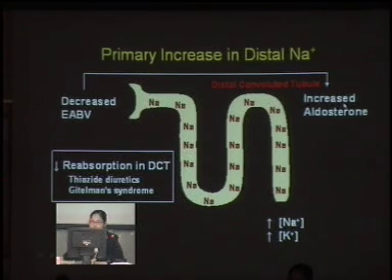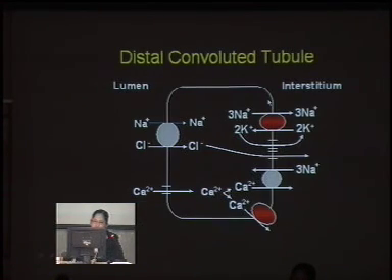So again, you see distal sodium delivery that's increased along with high aldosterone, then you would lose sodium and potassium in the urine. This time because of the thiazide diuretics. And there's another genetic disease called Gitelman syndrome, a defect at the same site as the thiazide receptor. So you will see the same effect.